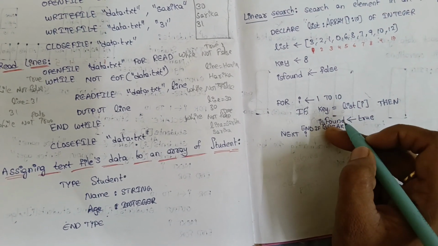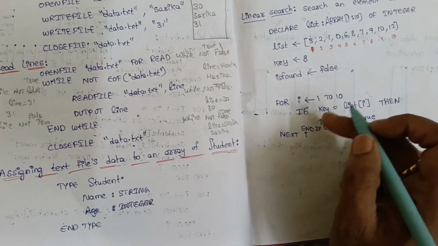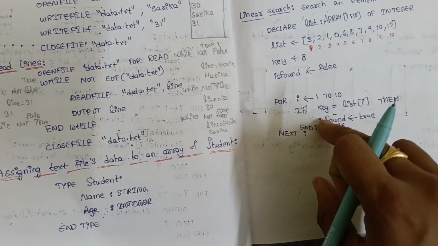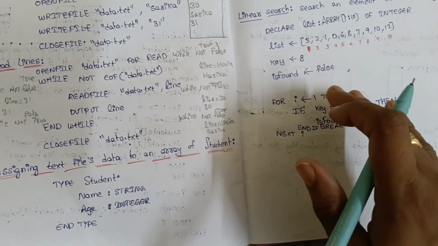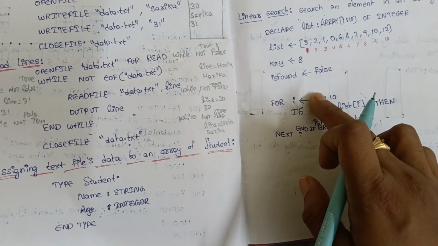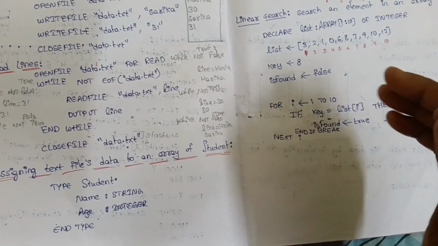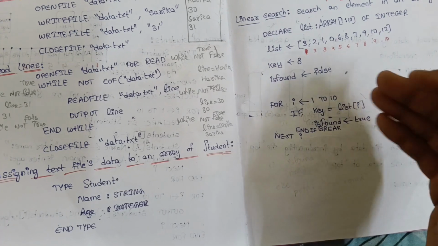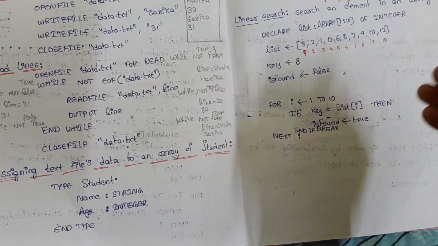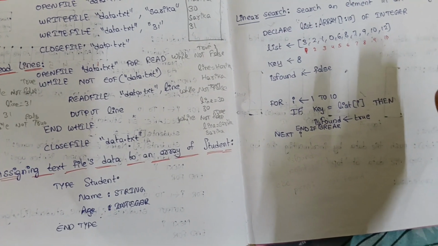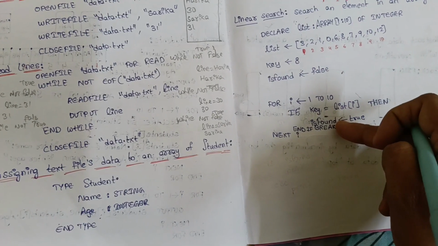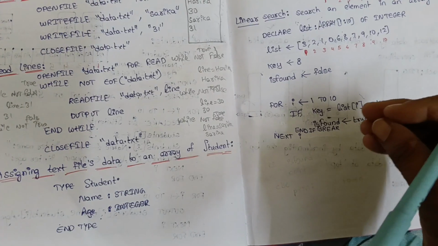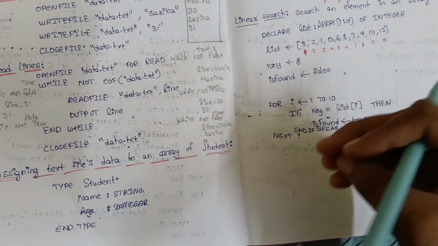Try to write the break statement in this if condition, so that you will break out of this loop immediately, and no more iterations happen. If we find an element, we don't need to traverse the remaining elements in the array. That's why I wrote the break statement. Whenever I find it, I just break my loop, and I'll get out of the loop.